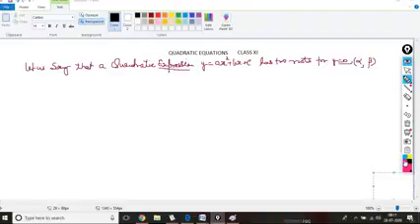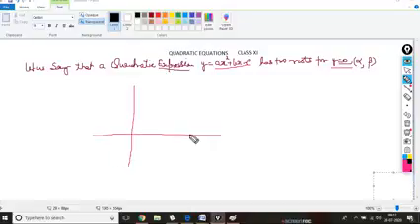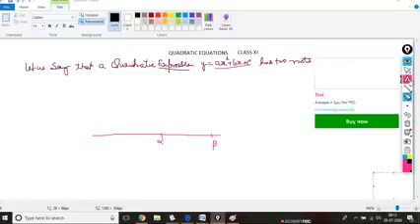This expression ax square plus bx plus c becomes 0 at alpha and beta. Let us say those two points alpha and beta are one here and one here. Let me remove this line over here, because we don't know whether they are greater than 0 or less than 0 or whatever.